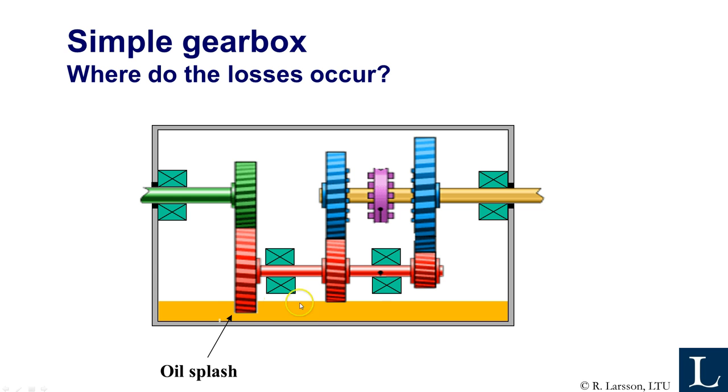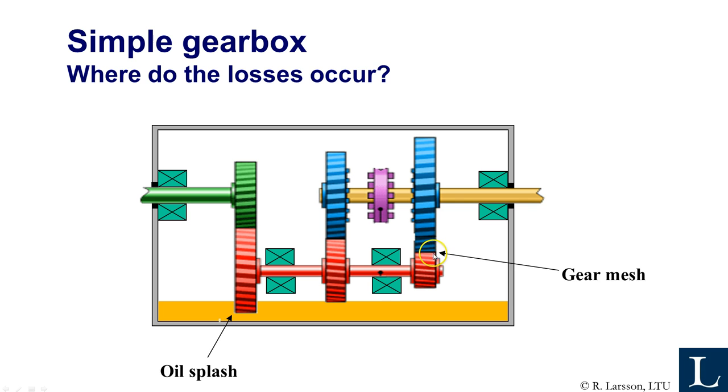First of all, the gears are normally lubricated by an oil bath like this, so the lower gear wheels are dipping down in the oil like this, and of course, in order to turn in the fluid, there will be a resistance, and it's a pretty substantial resistance at high speeds. So that's an important source of loss. We call that oil splash.